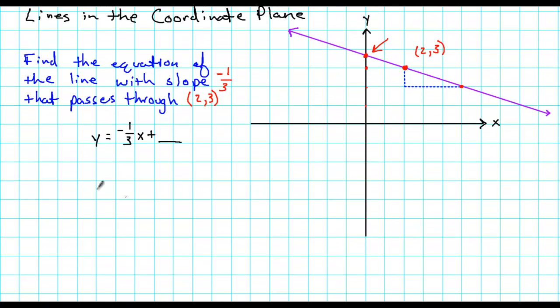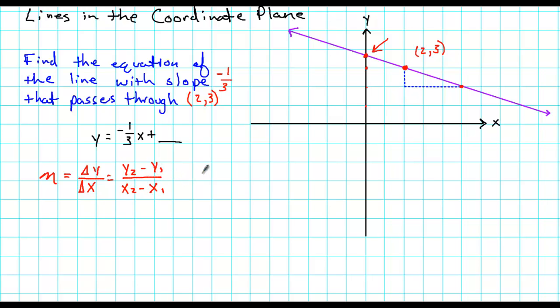So I'm going to come over here, and I'm going to write down what I do know. All right? And what I do know is the slope. And remember, the slope is the change in y over the change in x, which is y2 minus y1 over x2 minus x1, right?